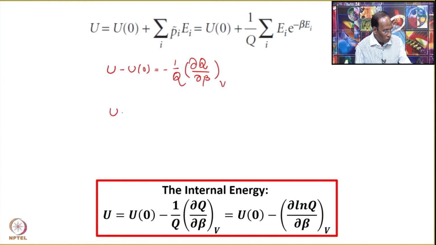You can also write this as U minus U0 is equal to minus del log Q by del beta at constant volume.